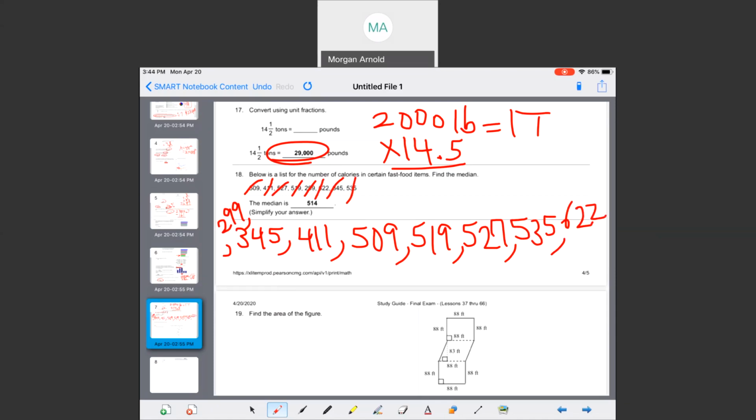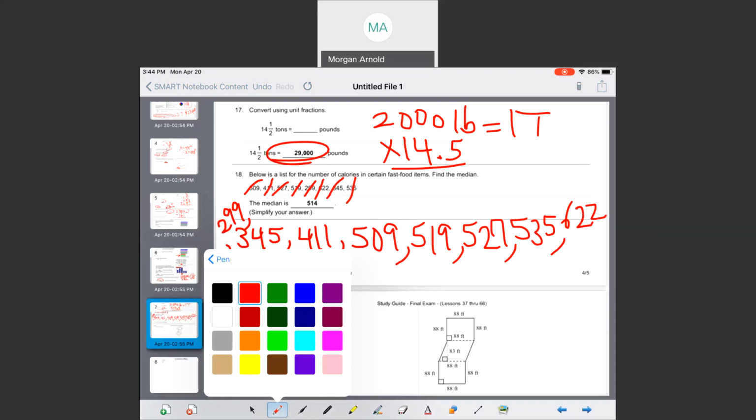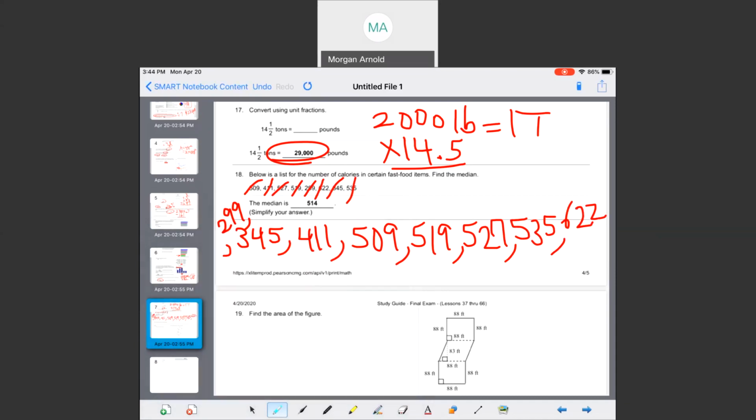Now, what you do at this point is take away a number from each end. So we'll take away numbers from both ends. Now, if you're left with one number in the middle, then that's your true median. If you're left with two numbers in the middle, then you have to take the average.